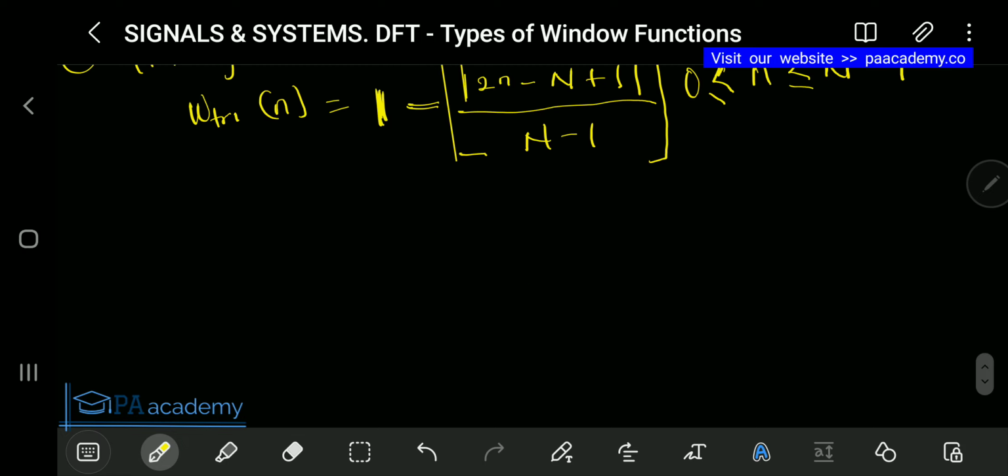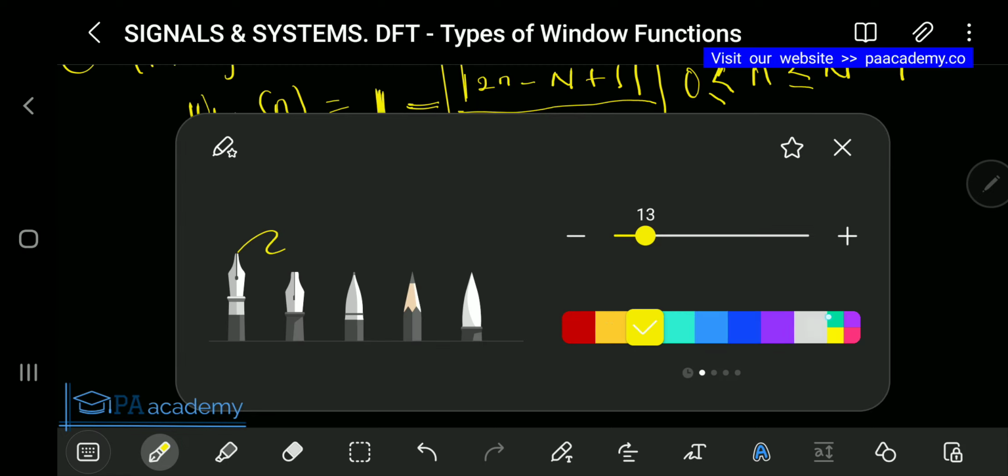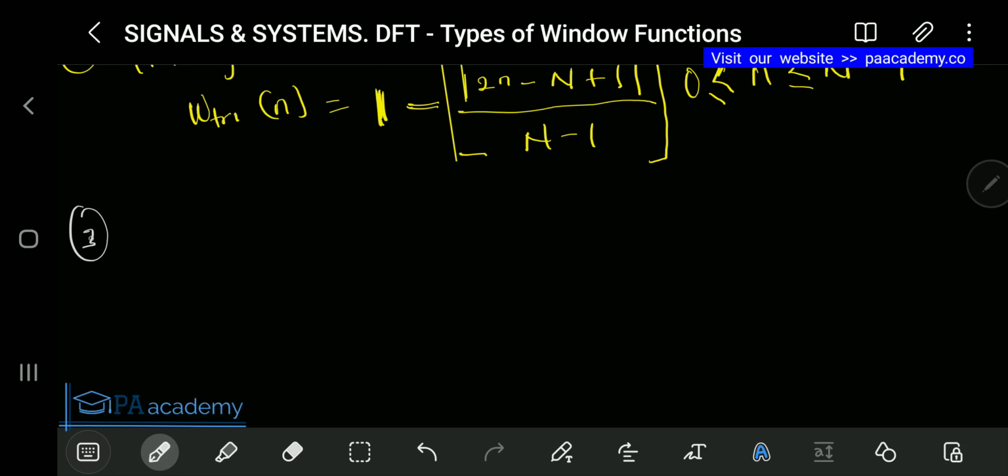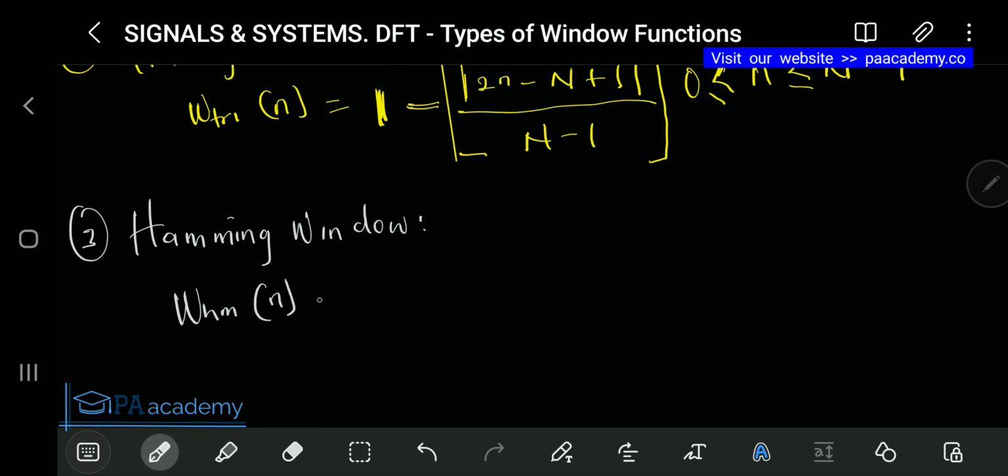Okay, so let's look at the third one. For number 3, we have the Hamming window. For that is W HM, equals 0.54 minus 0.46 cos of (2 pi n over N minus 1).